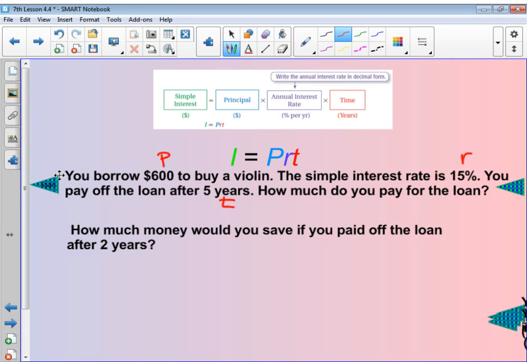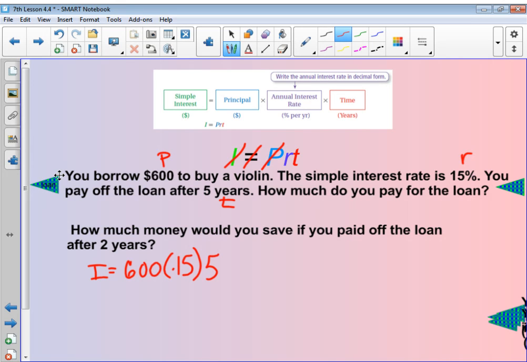So let's go ahead and figure out what our interest is for the 5-year plan. So our interest equals our principal times our rate. So I equals P, rate is 15%, and I wrote P instead of 600. So 15% would be 0.15 times our time is 5 years.